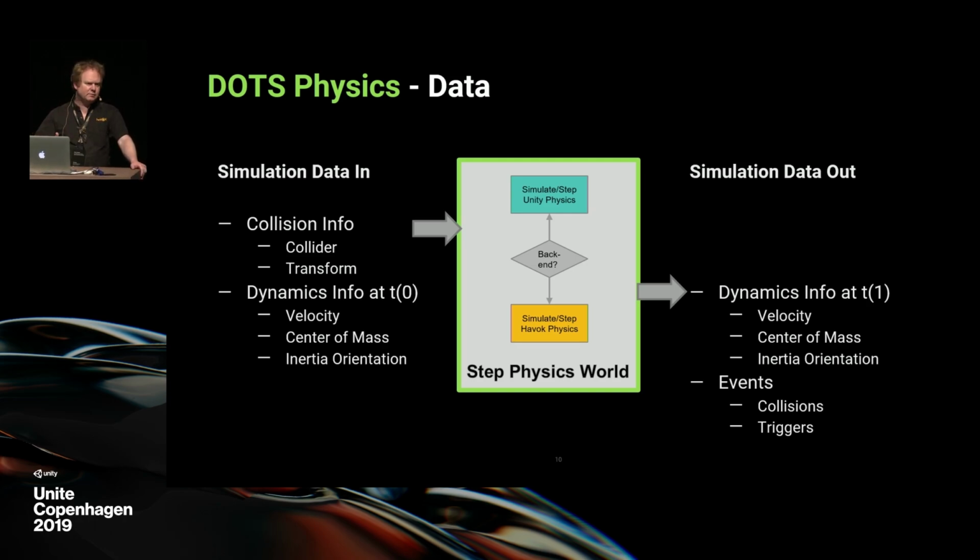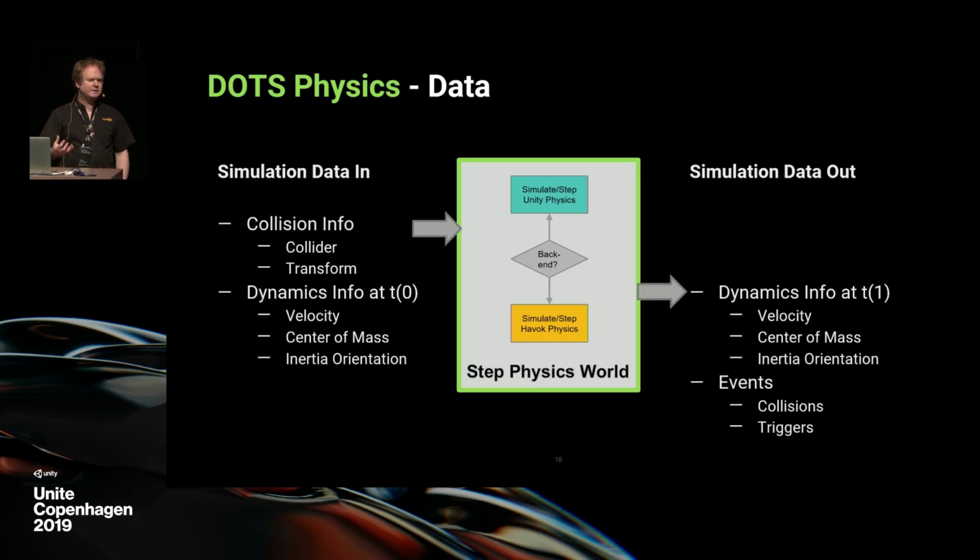And whenever the step physics world does its thing, you're going to get out a second set of this dynamics information at a second time. The fact that we've got a collision world and a dynamics world, a dynamics physics world, means that you can be doing queries on that old T0 information at the same time as the physics is performing its simulation to move all that data to T1.